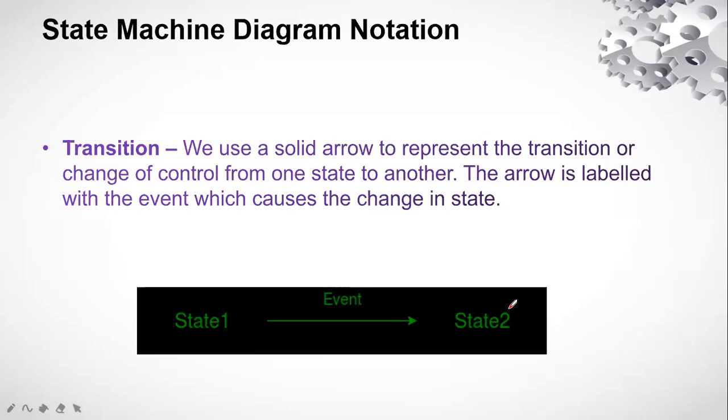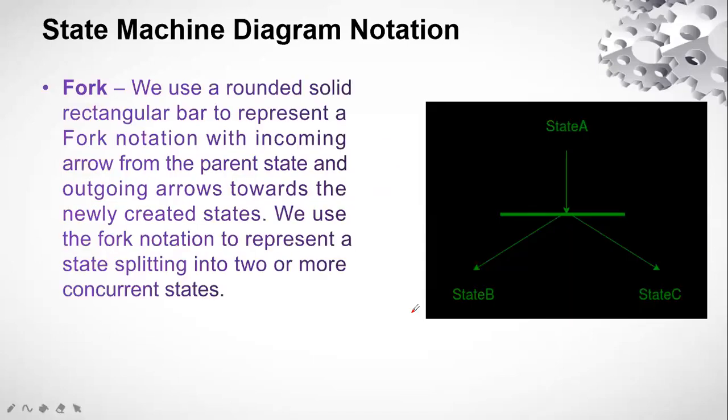State 2 is what? Submitted application. Okay, when the director signs and approves the application, that forwarded application is now changing state to the approved application. If the director rejects the application, the event is rejecting the application, so it will go from submitted or forwarded to the rejected application. So that is the change of state, control of flow transitioning from one state to another. This is how we show it.